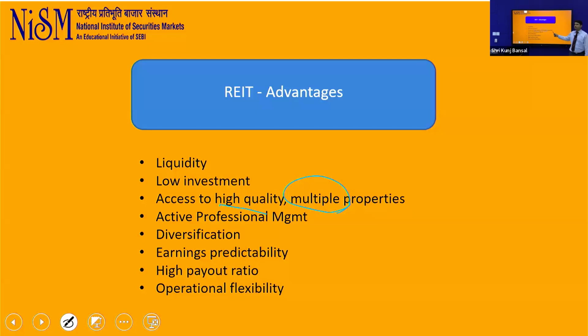Here, since it's investment in multiple properties, there's diversification. Even after the best risk management practices, analysis, and study of the market that the professional team does before investing, if the returns from one property don't come for whatever reason, your overall investment doesn't turn bad, because the returns from the other properties will keep coming.